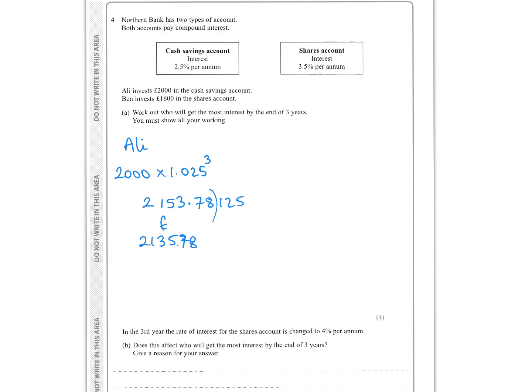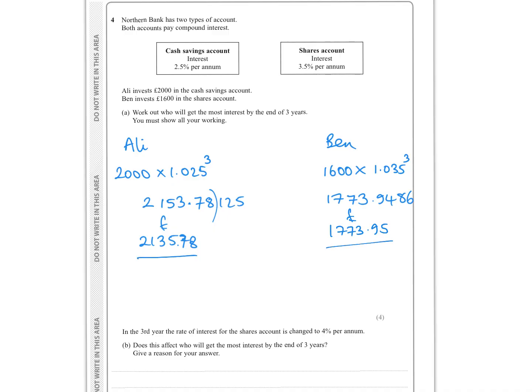And Ben, well, he has 3.5% per annum, but a smaller amount to start with. So that's 1,600, and that's over 3 years as well. So that's 1.035 cubed. So 1,600 times 1.035 to the power 3. That gives £1,773.95, to the nearest penny.